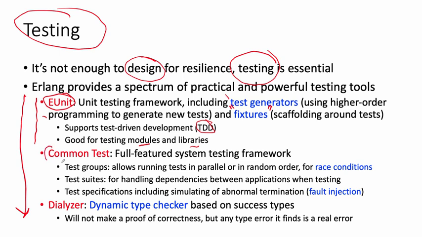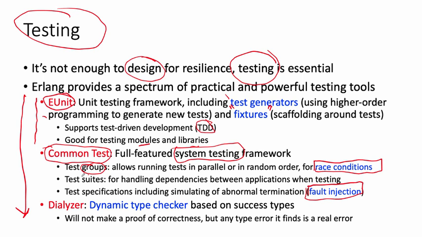The next one is called Common Test. This is a system testing framework. With this, you can test the whole system, and you can do important things like testing race conditions and fault injection. If I have a concurrent system, I have what's called test groups. I can run tests in random order to see whether there are non-determinism issues in the test.